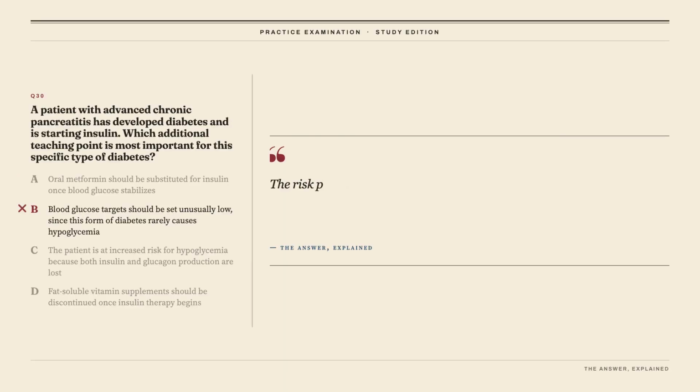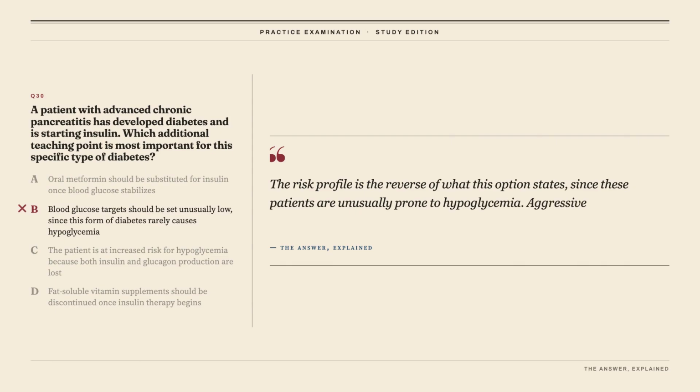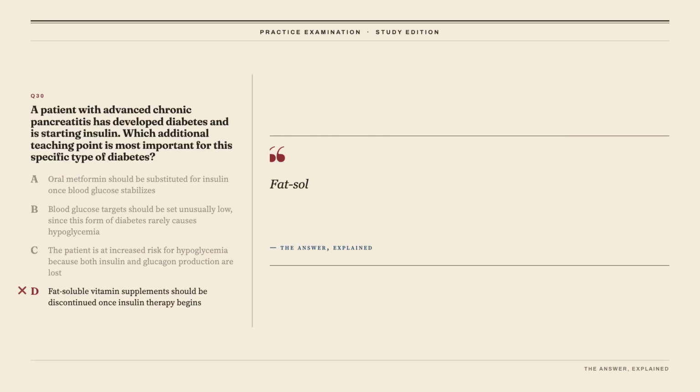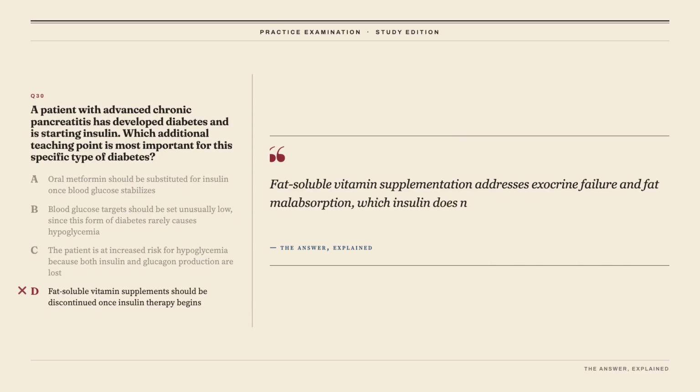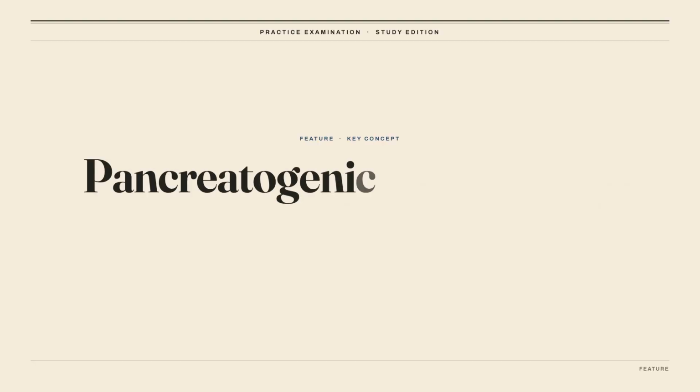B is wrong because the risk profile is the reverse of what this option states, since these patients are unusually prone to hypoglycemia. Aggressively tight targets would be hazardous. D is wrong because fat-soluble vitamin supplementation addresses exocrine failure and fat malabsorption, which insulin does not touch. Vitamins A, D, E, and K remain necessary alongside enzyme replacement.